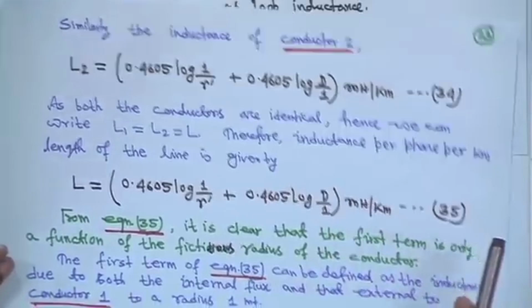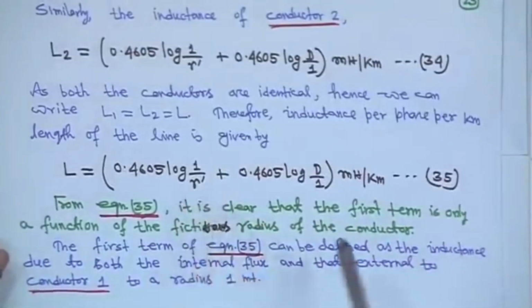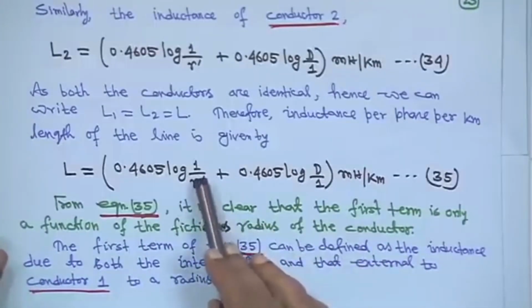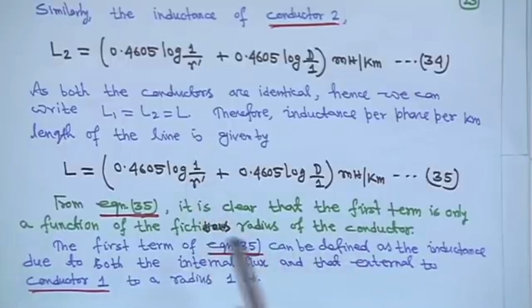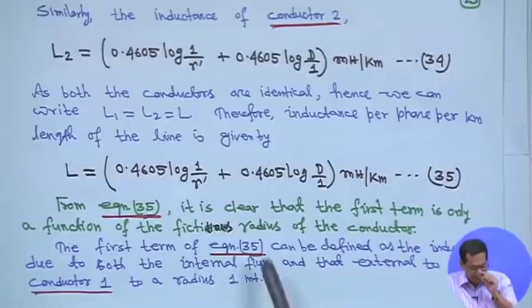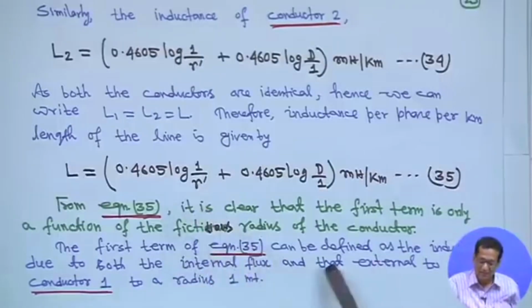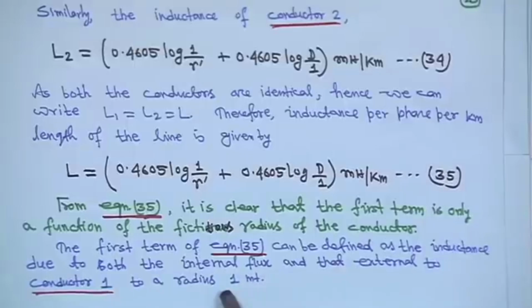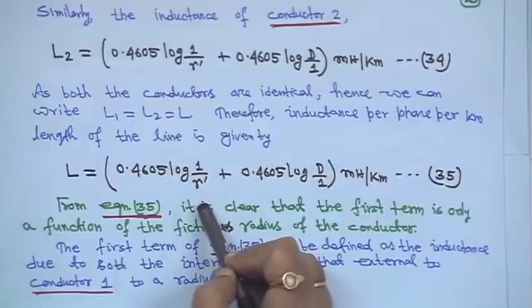So the first term of equation 35 can be defined as the inductance due to both the internal flux and that external to the conductor up to a radius of 1 meter only, that is why 1 upon r dash.